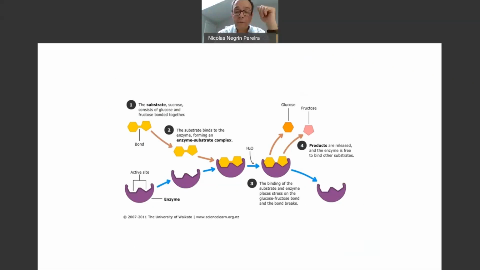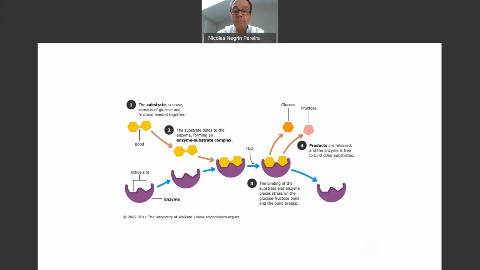And here it is important always to stress that normally the active site of an enzyme is really, really specific. In some cases, it's so specific, for example for proteins, that it distinguishes between one amino acid and another.